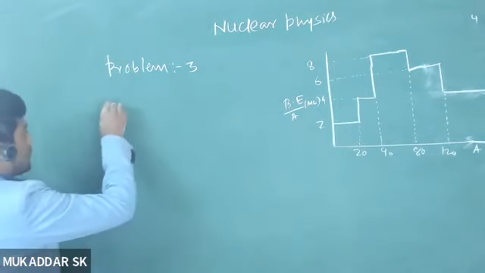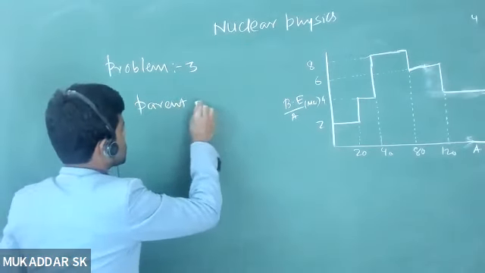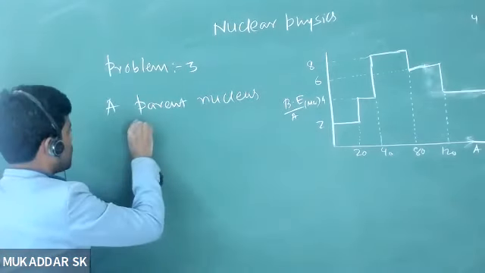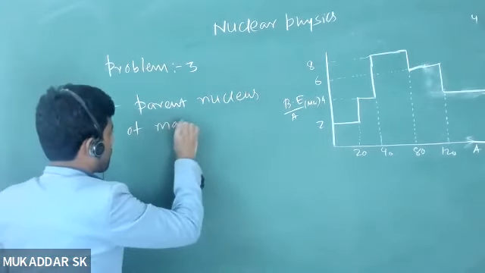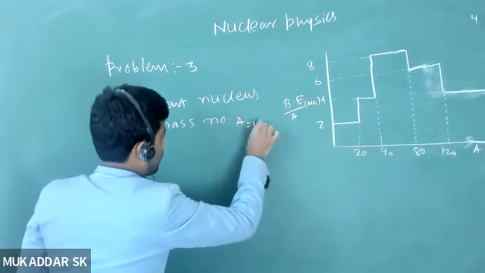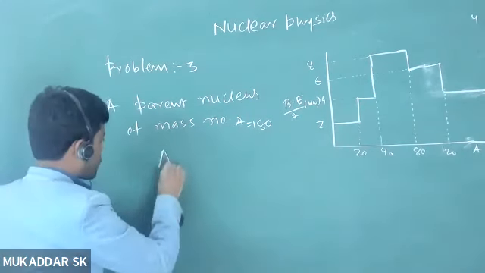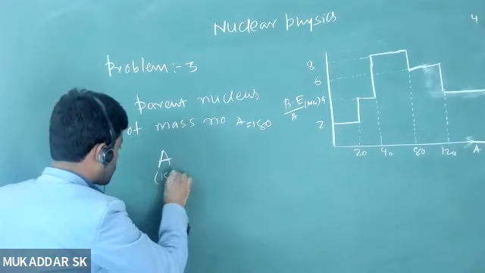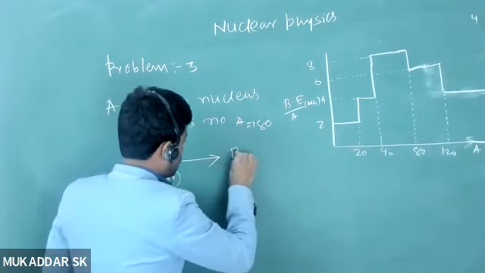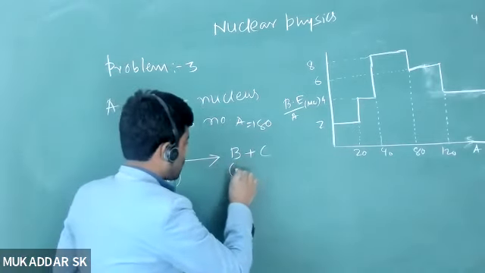And a parent nucleus of mass number A equals 180. So the parent nucleus of mass number 180 undergoes nuclear fission and breaks into 2 nuclei B and C, and their mass numbers are equal.